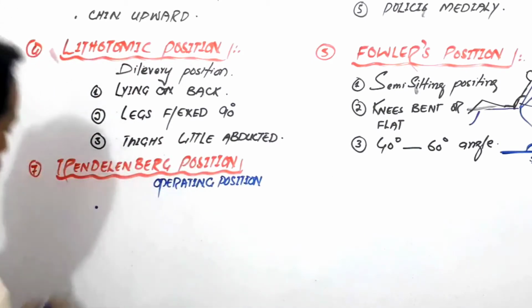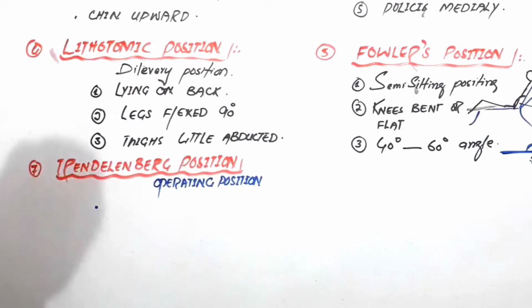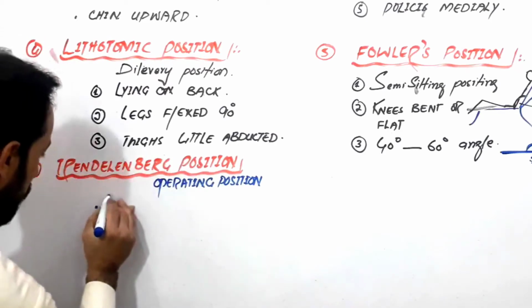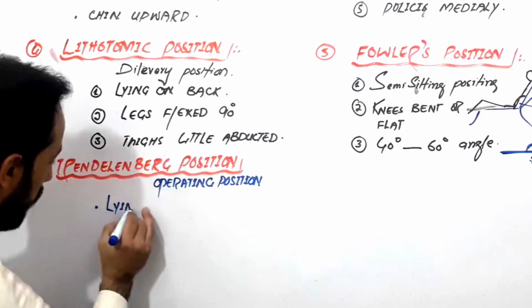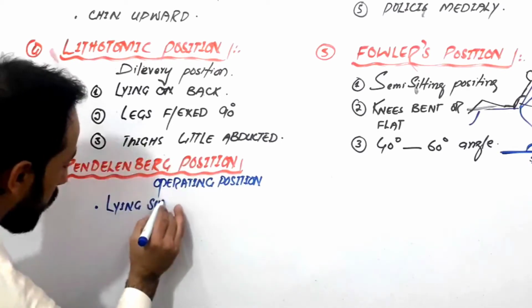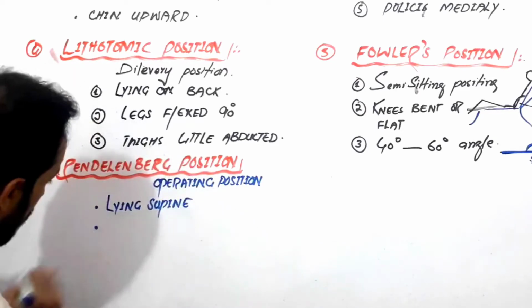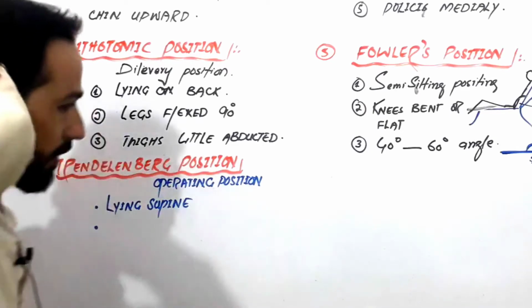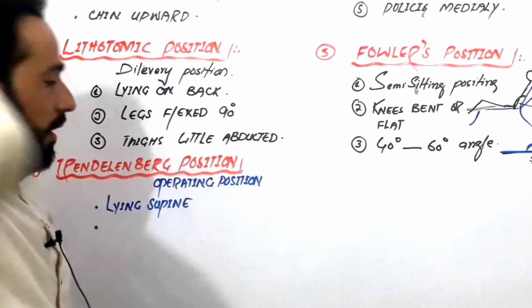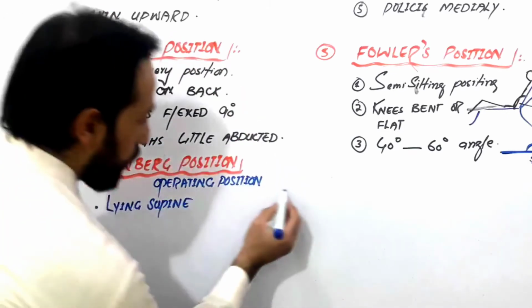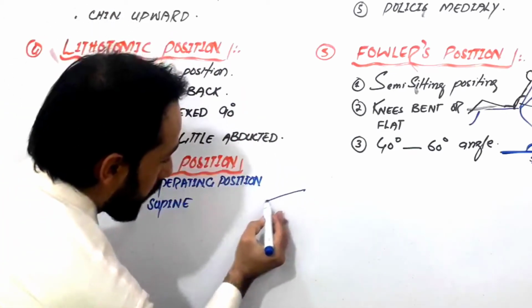So while explaining the Trendelenburg position, the person should lie supinely, okay. Then the next thing, the head should be a little bit downward and your feet should be a little bit upward, like this. This is the operating table.